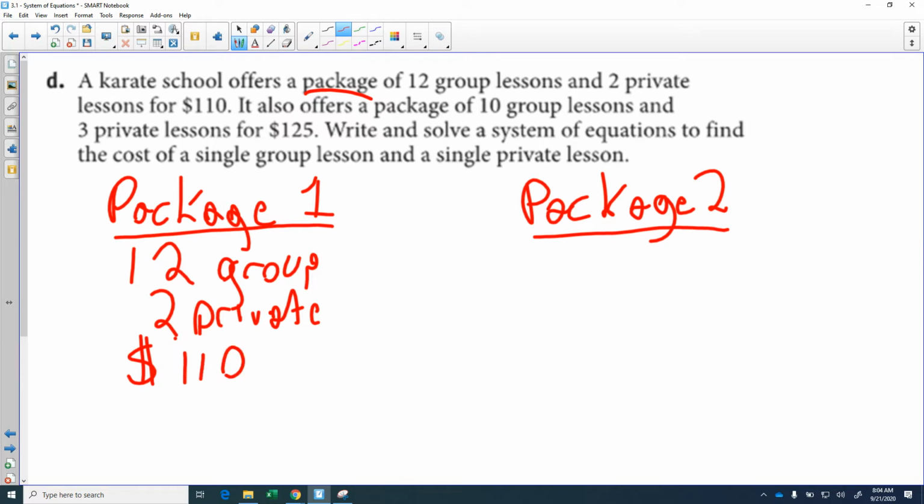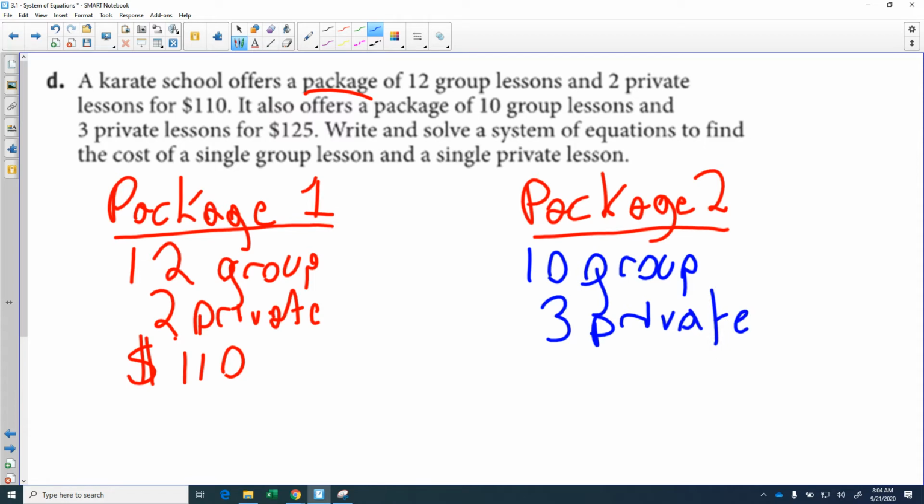On the other side of this, in package 2, we have 10 group lessons, 3 private, and that's going to cost you a total of $125.